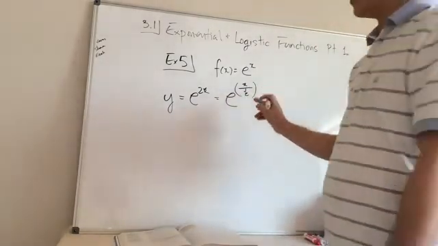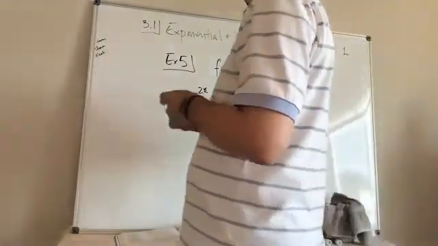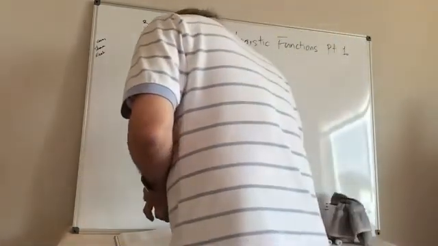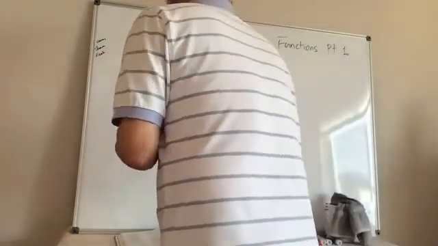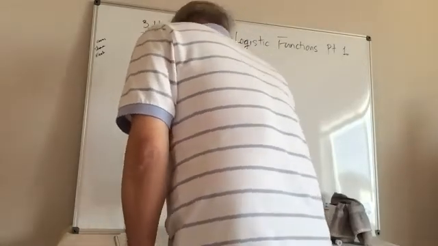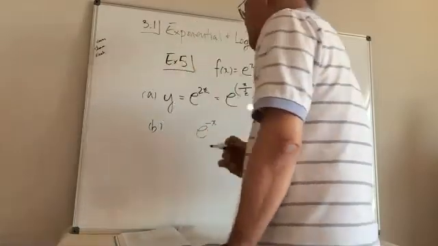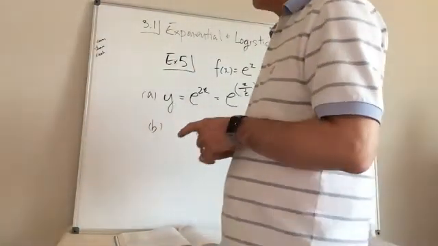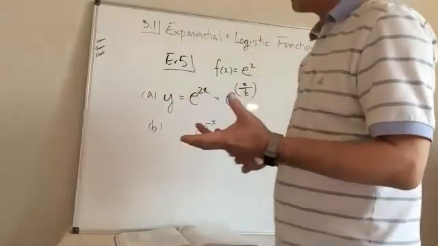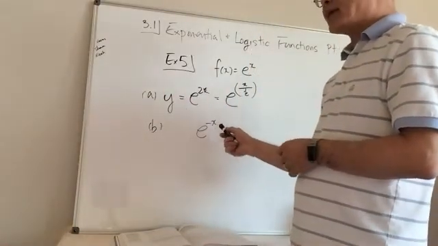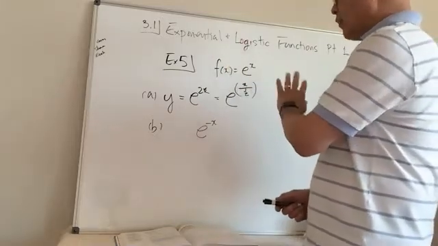You're dividing by 1/2, which means that you are doing a horizontal shrink of 1/2. Okay. That was A, and let's go to B. In B, we are going to get e to the minus x. Again, where x was, we're going to put minus x. So again, this is a reflection across one of the axes. Since wherever x is, I'm putting negative x, it is a reflection across the y-axis, okay?